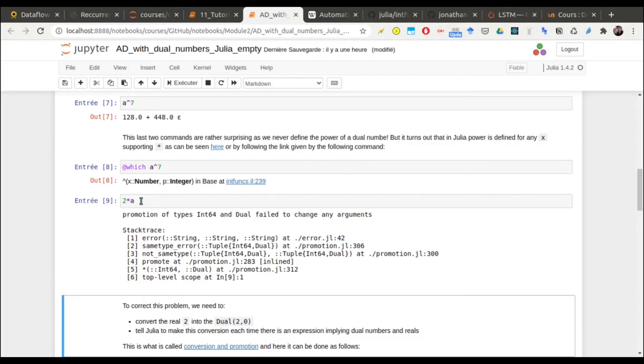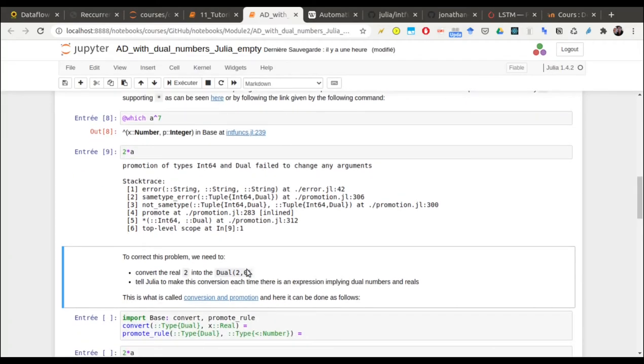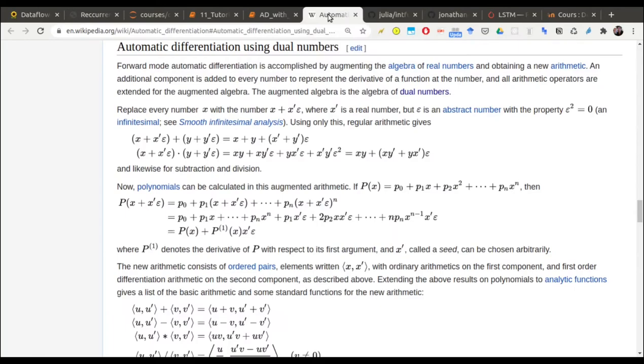So here, what I need to tell Julia is that you need to convert this real number. Indeed, this is just a dual number whose epsilon part is 0. Okay, this is what I mean with this multiplication. Because now what I want to do is deal with polynomials.